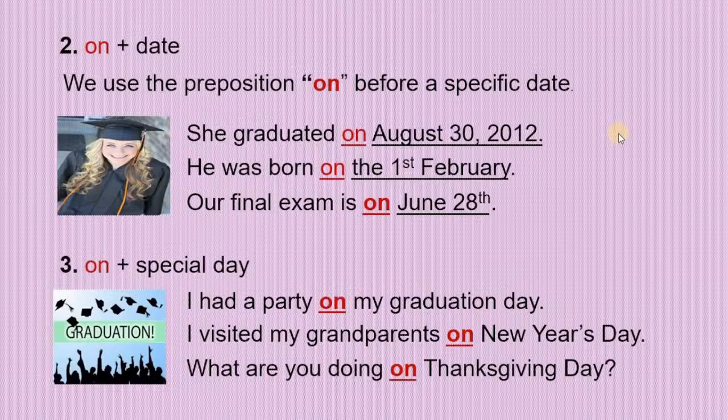Number two, use of preposition on plus date. We use the preposition on before a specific date. Example, she graduated on August 30, 2012. He was born on the 1st of February.